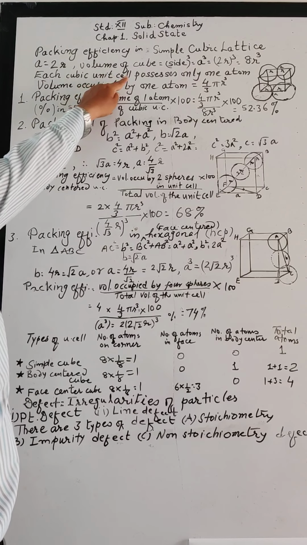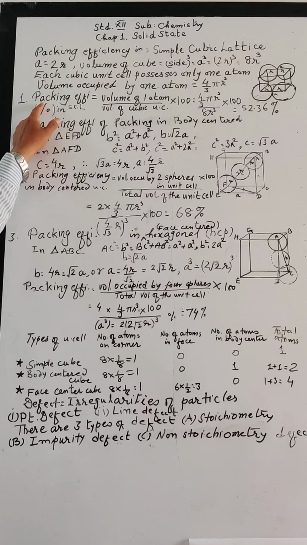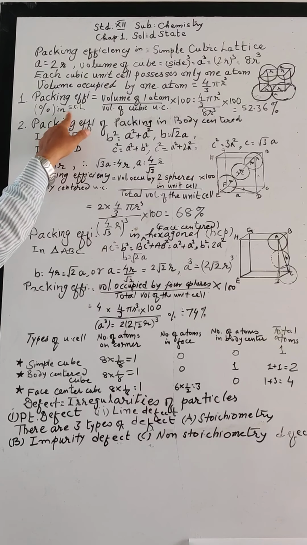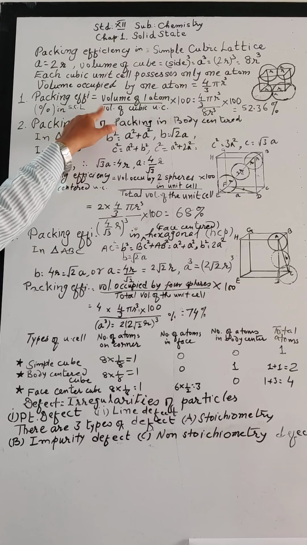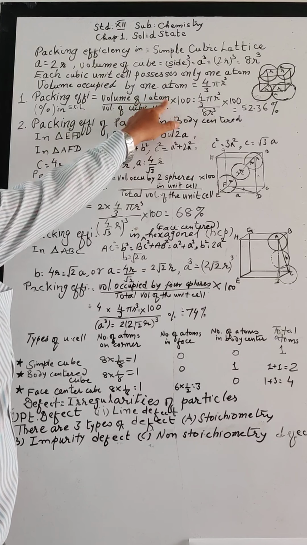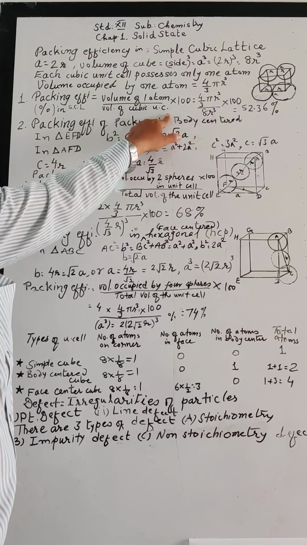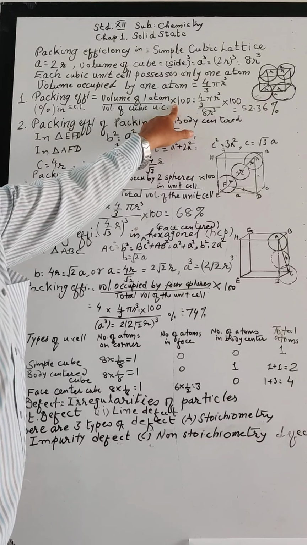Each cubic unit cell possesses only one atom. So packing efficiency in simple cubic lattice is equals to, according to formula, volume of one atom divided by volume of cubic unit cell multiplied by 100.